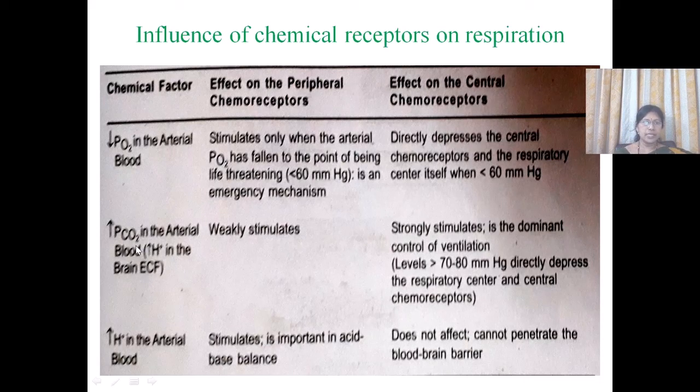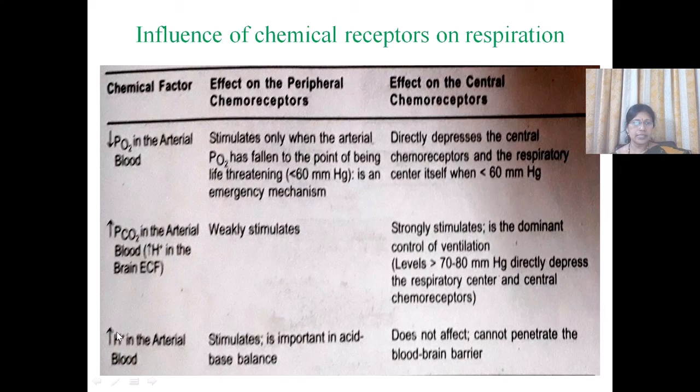And then the pCO2, when it is increased in the arterial blood, weakly stimulates the peripheral chemoreceptors. But the central chemoreceptors are strongly stimulated. This is the dominant control of ventilation. When the pCO2 level is greater than 70 to 80 mmHg, this directly depresses the respiratory center and central chemoreceptors.